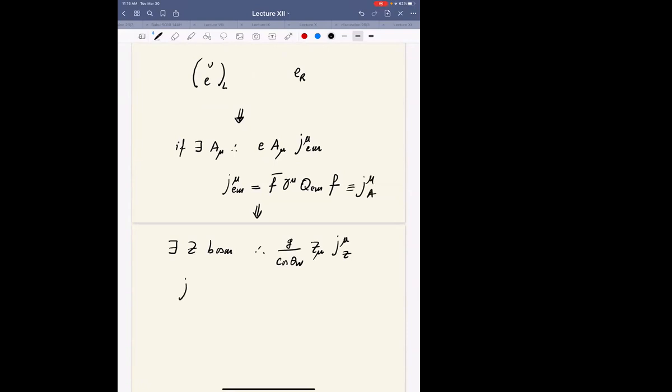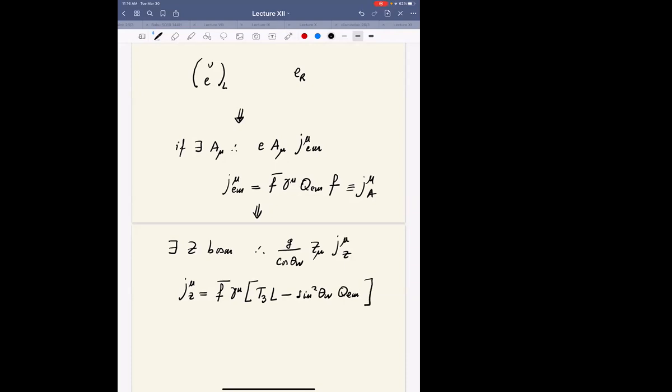And J^Z_mu, I wonder if someone remembers, was F bar gamma_mu T3. I can put a projector to remind you that only left-handed particles, even if I don't, T3 will project it, minus sine squared theta W, Q electromagnetic.